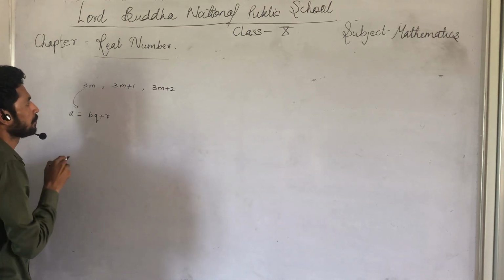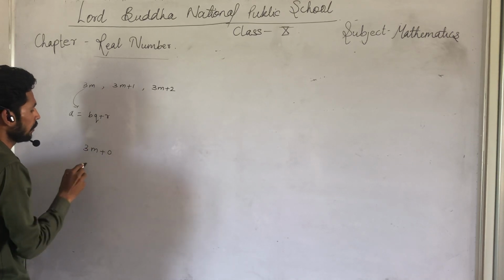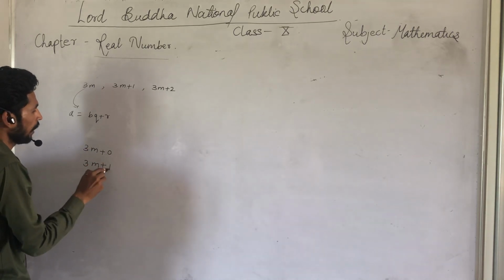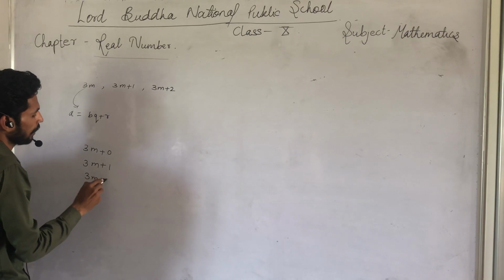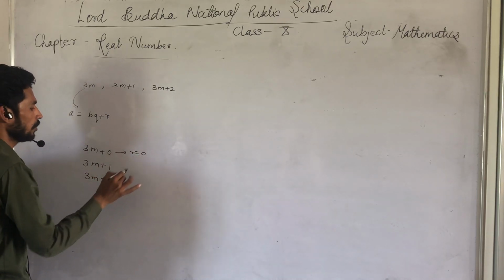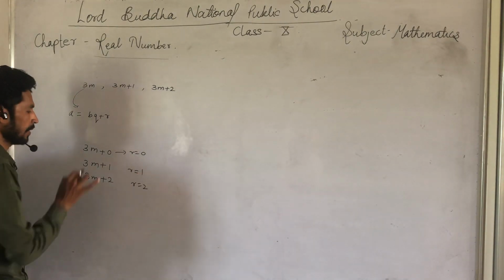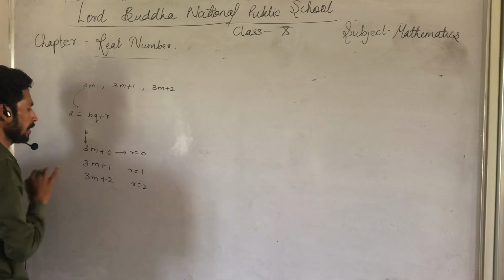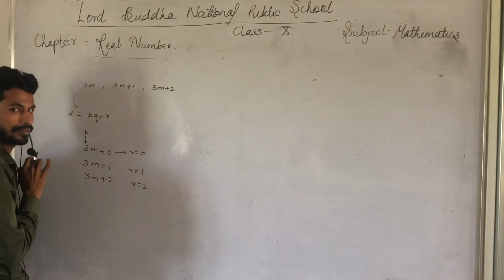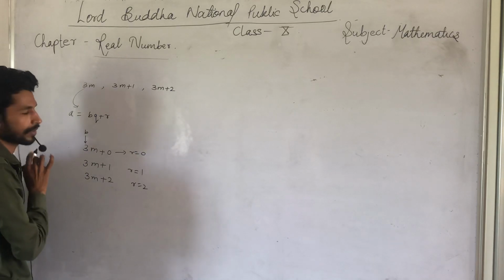Compare. We can write 3m plus 0, 3m plus 1, 3m plus 2. Here R equals 0, here R equals 1 and here R equals 2. And in place of B it is 3, 3, 3. Now, in place of m is Q.